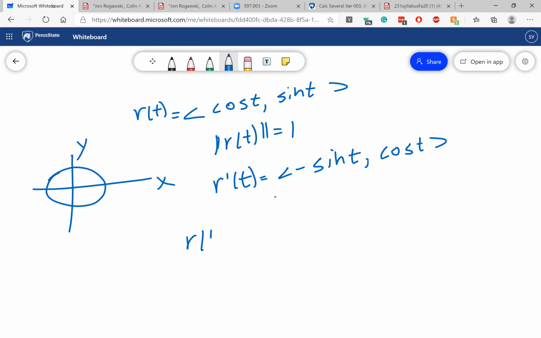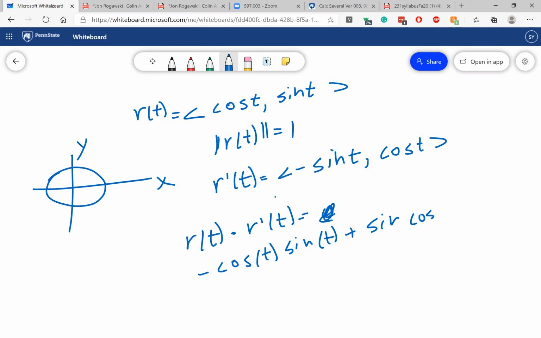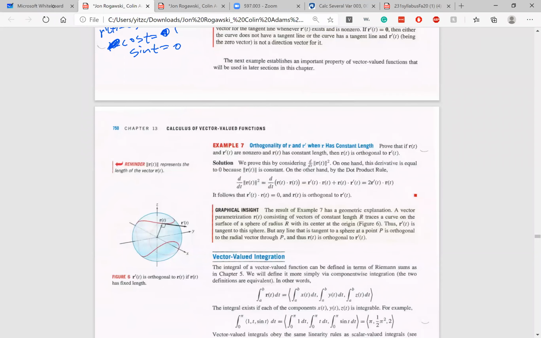So r of t dotted with r prime of t is going to be equal to negative cosine t sine t plus sine t cosine t, and this is equal to 0. So the dot product is 0, which says that r of t is orthogonal to r prime of t.